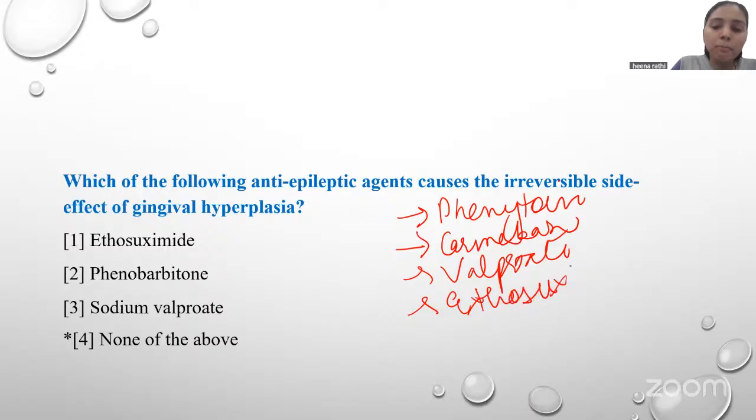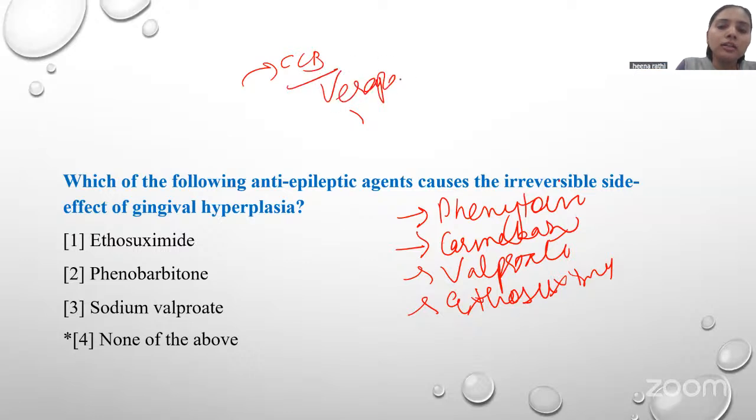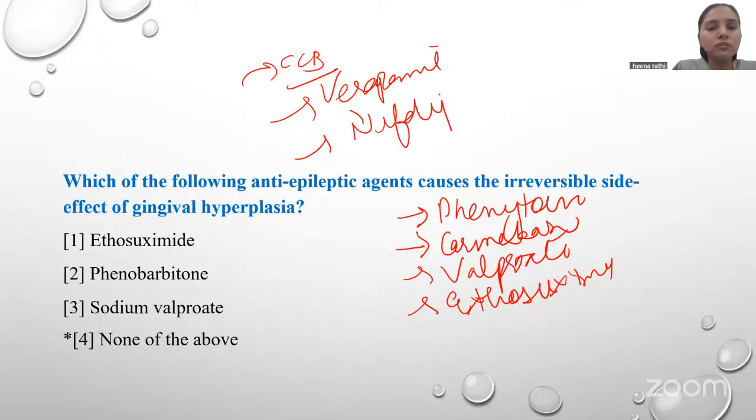But there are some other drugs also like calcium channel blockers, like verapamil, and after the verapamil there is nifedipine, which shows the gingival hyperplasia.